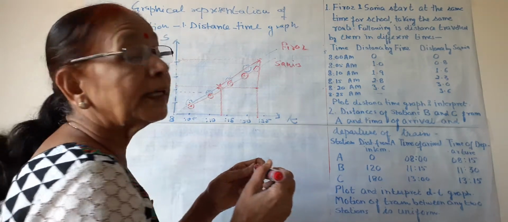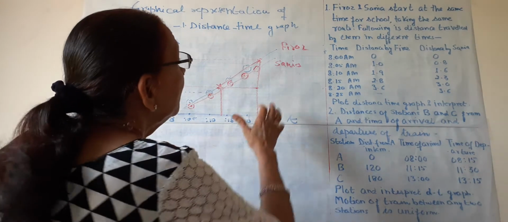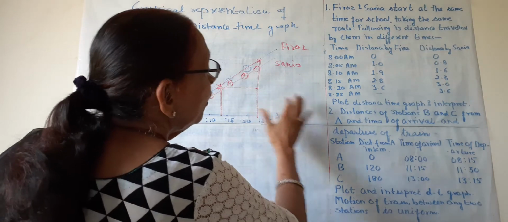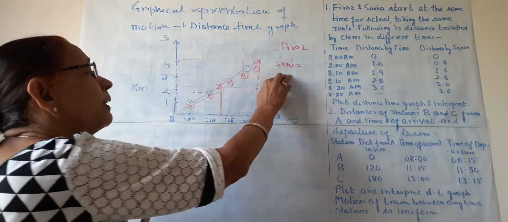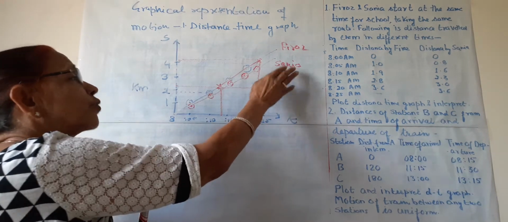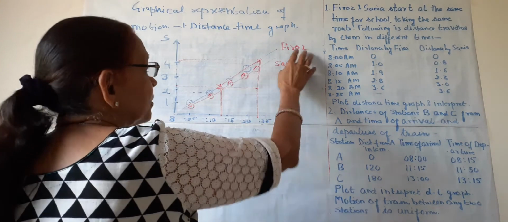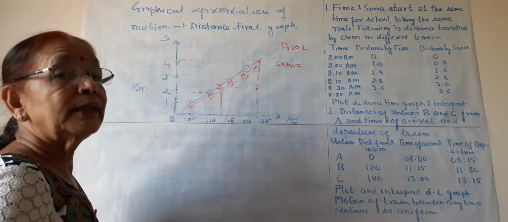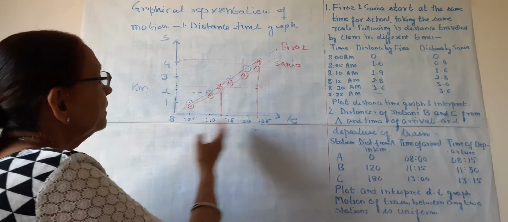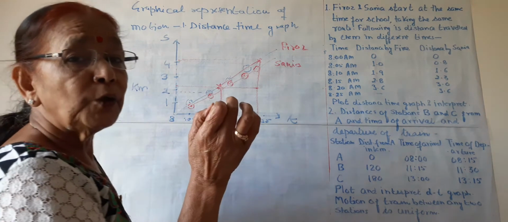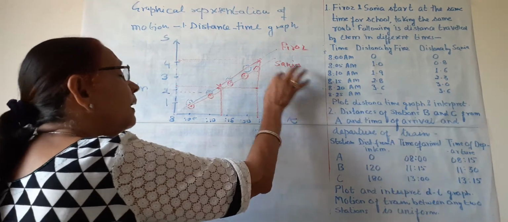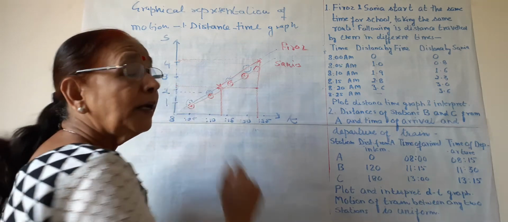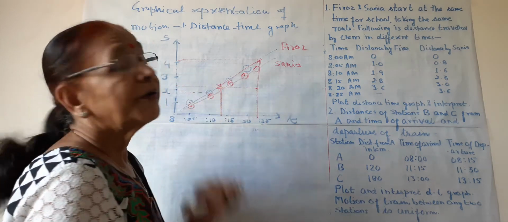Likewise we can calculate the speed of Sania. If we draw this graph, what are we interpreting? We are interpreting that Sania is going slower than Firoz, and we can even calculate the speed by the same graph. So in your notebooks, calculate the speed of Firoz and Sania separately by drawing these triangles.